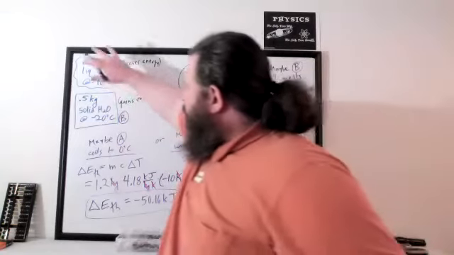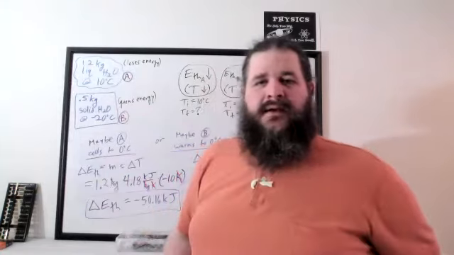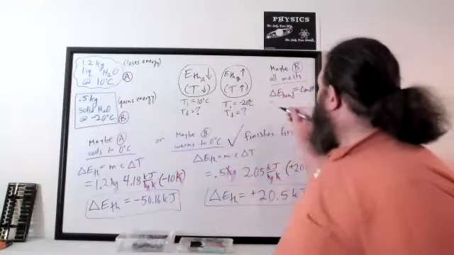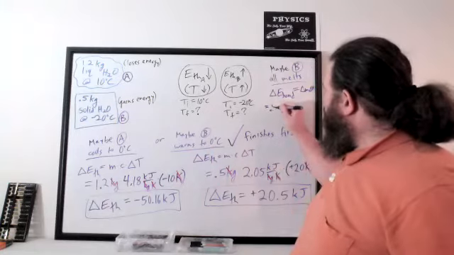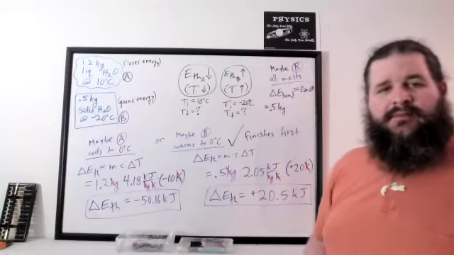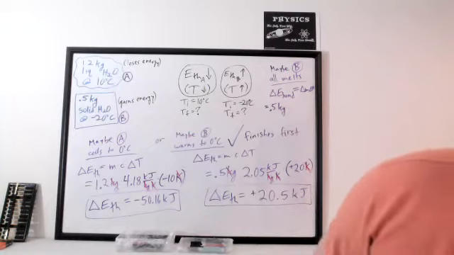Because if you look at just object B, it starts with no liquid and ends with 1/2 kilogram of liquid. Final minus initial would be 1/2 kilogram minus 0 kilograms. So we'd have positive 0.5 kilograms, because we're gaining liquid, gaining the higher energy state. And then delta H we can look up on a data table.